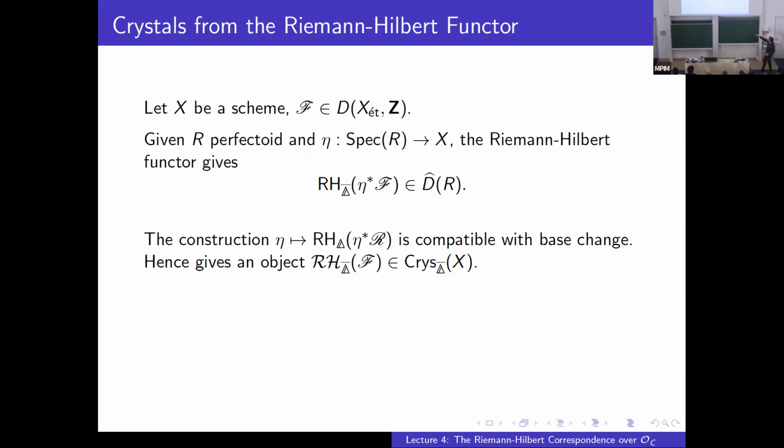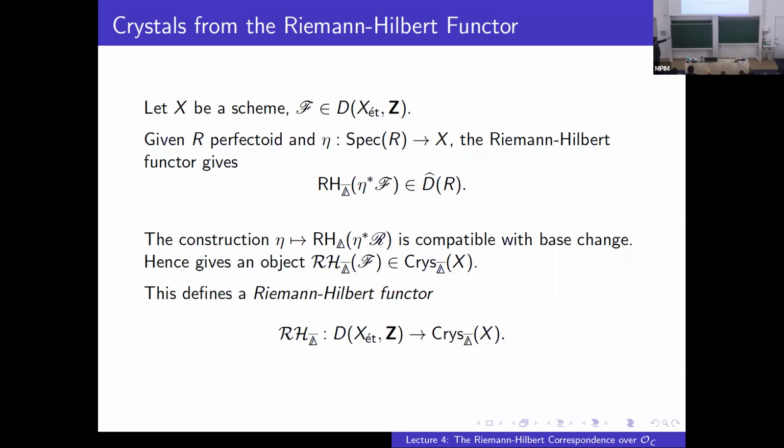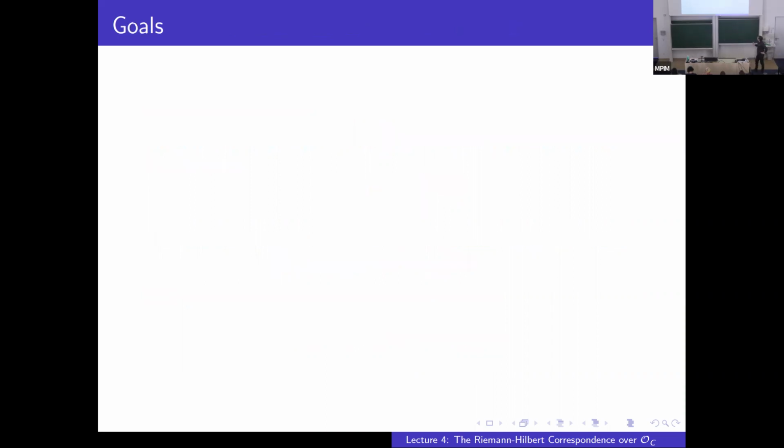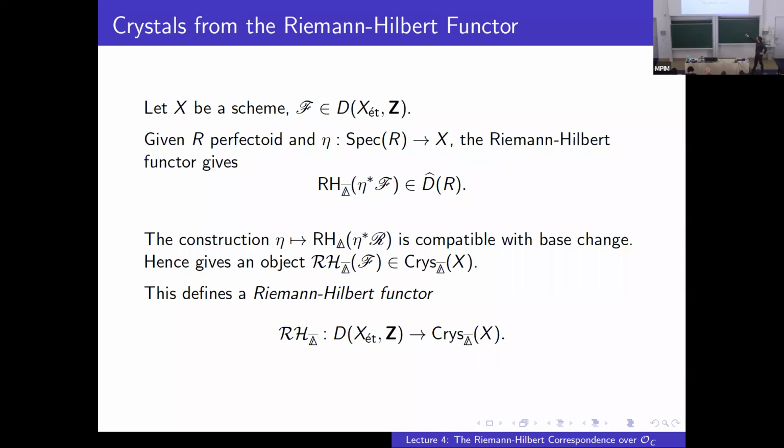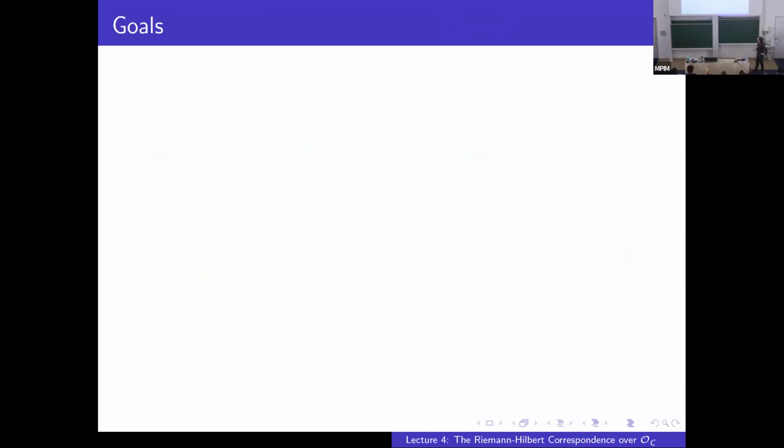But this lives inside some category which was defined in a way that might not give you much of an idea of what it looks like. So nevertheless, we have this functor that I'm going to call the Riemann-Hilbert functor, RH prism bar. It goes from the derived category of sheaves now on any scheme to this category of Hodge-Tate crystals. And the question that I would like to ask is, can we understand it?